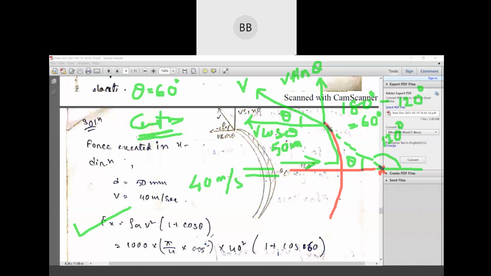Here I have used directly the formula. You can also do it like that. Rho a v, then initial velocity. That means before strike, what will be your velocity?